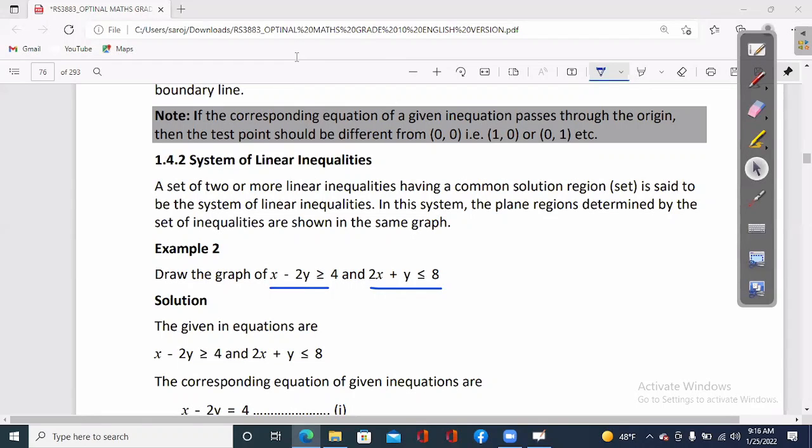It's better to do in the graph copy instead of doing in plain paper. Now here you can see there are two inequalities which we are going to show in the graph. First of all, please copy the question so that I can also show you the solution.